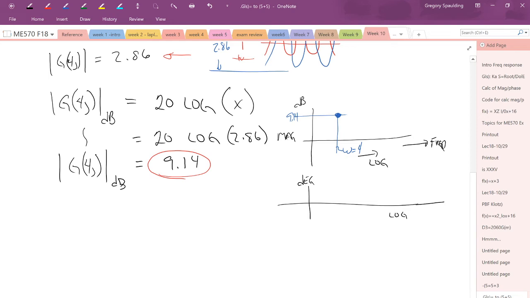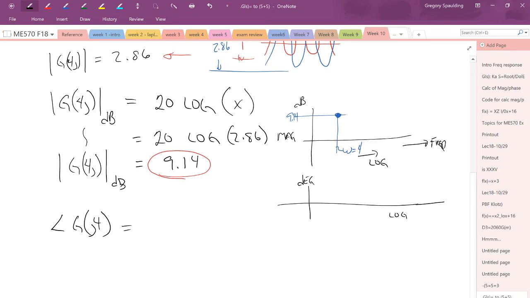Okay, well, the phase we're going to calculate, and we're going to say the angle of j4 is equal to. Now, what we're going to do is sum the angles for all the zeros and then subtract all the angles for the poles.